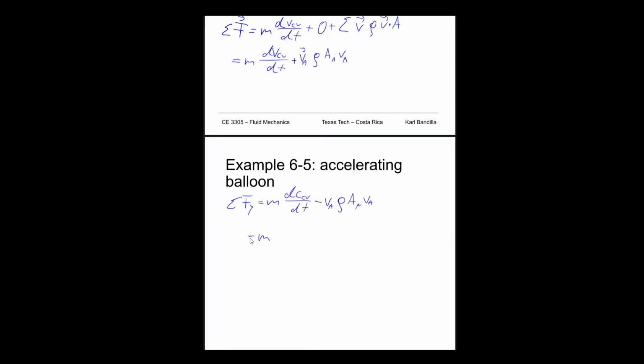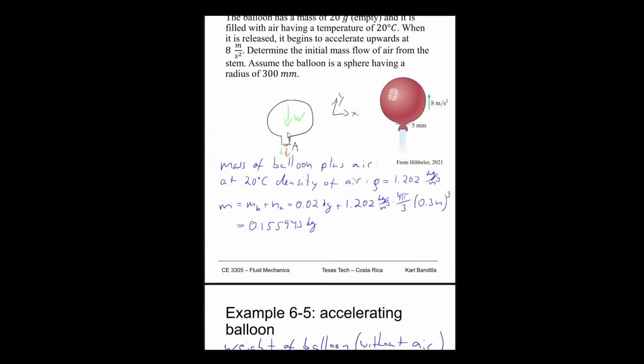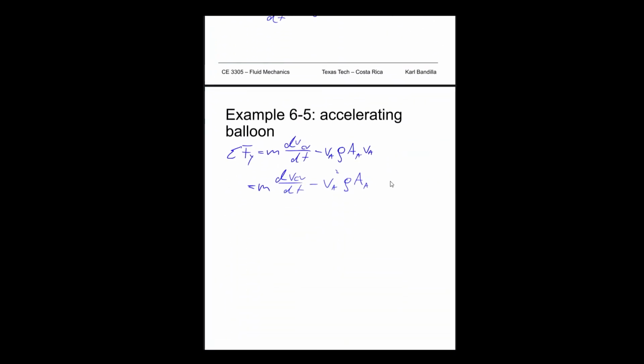So we can say equal to m d V CV dt minus VA squared rho AA, right? That's our flow contribution. Now the forces, we only have one force, that's the weight. It's pointing in the negative direction, so all of this equal to minus W.